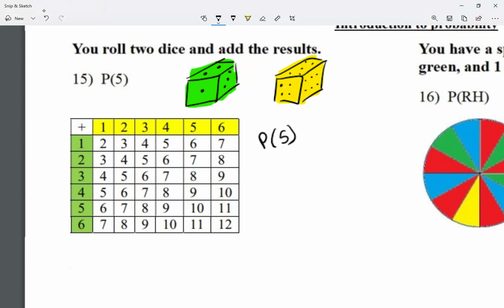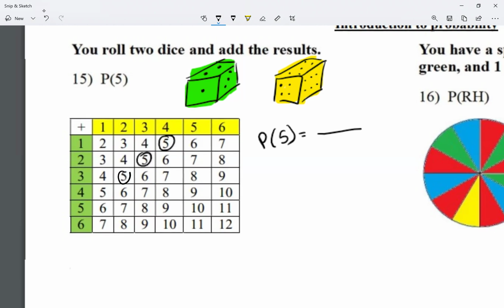Let me write this as a fraction first. On the top of my fraction, I'm going to write how many times it happens. So the probability I get a 5. Let me circle all my 5s. How many ways can I get a 5?